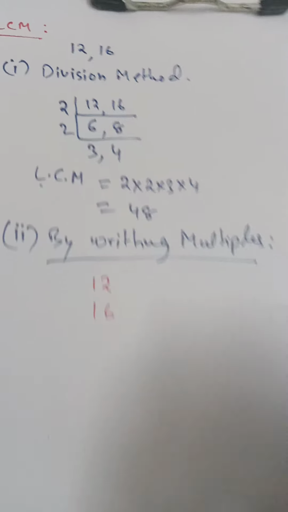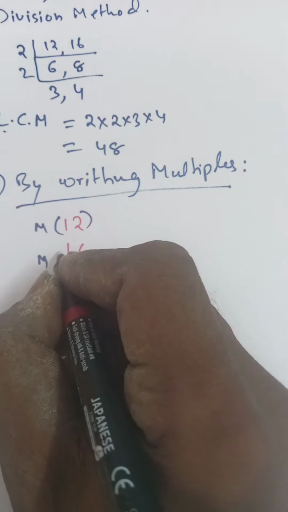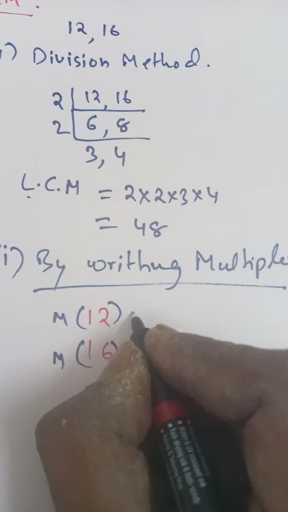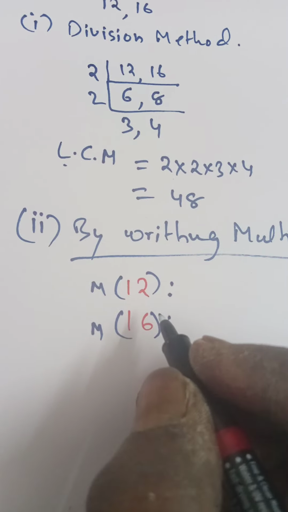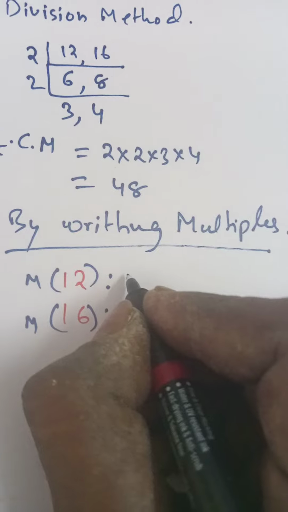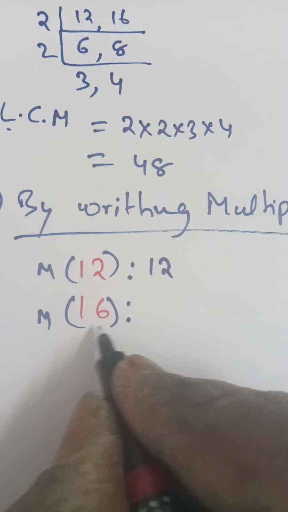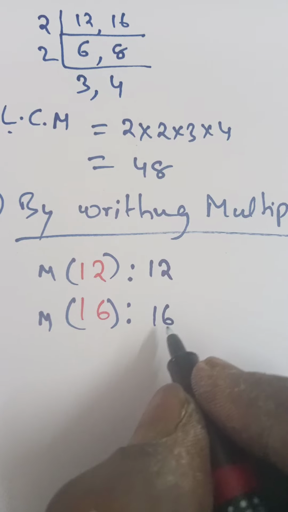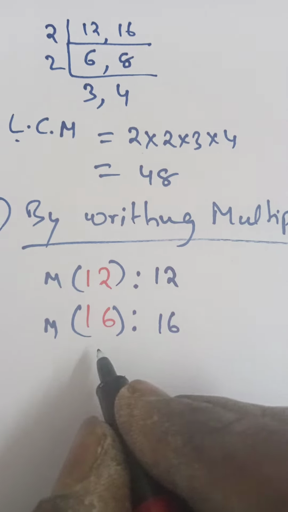I want to write the multiples of 12 as well as the multiples of 16. You know very well the multiples of 12 means the numbers which are exactly divisible by 12. The least multiple of 12 is 12. The least multiple of 16 is 16 itself.